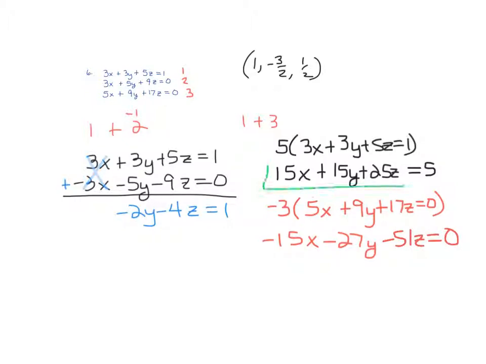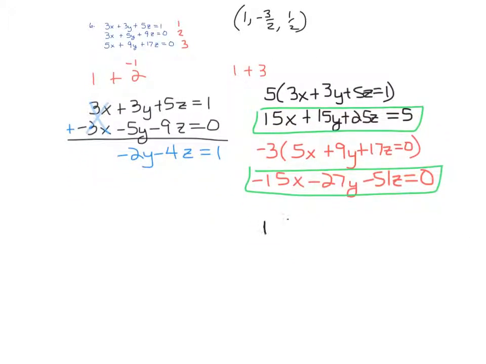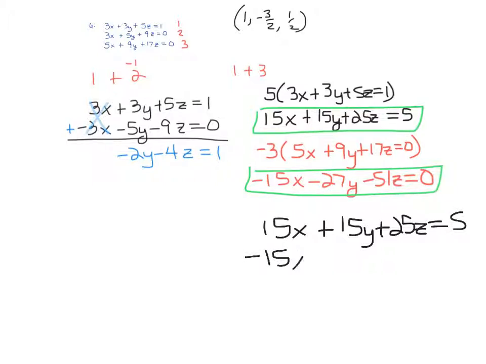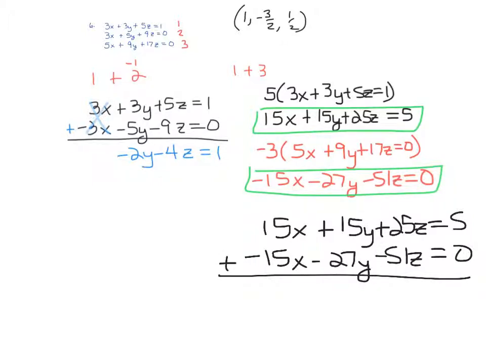I'm now going to work with these two. I'm going to add them up. So let me write them on top of each other so it's nice and clear for me. And now I'll add them up and down. These cancel.